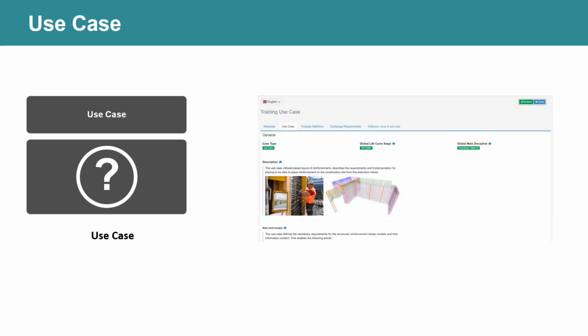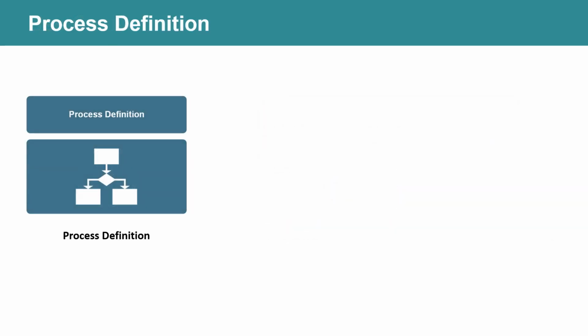The first part of a use case, with fields like description, BIM objectives, or other specific metadata, provides a generic explanation of it and describes the end result of the BIM use case and the input data required to implement the BIM use case. This includes, for example, a selection of disciplines and life cycle stages, which will be defined more precisely later on.